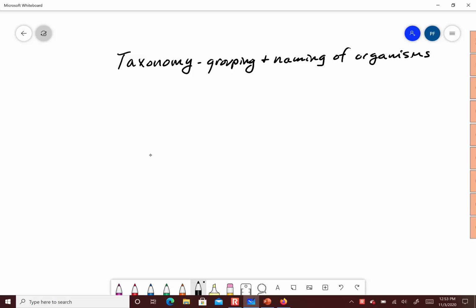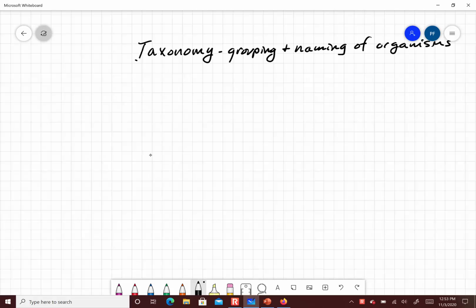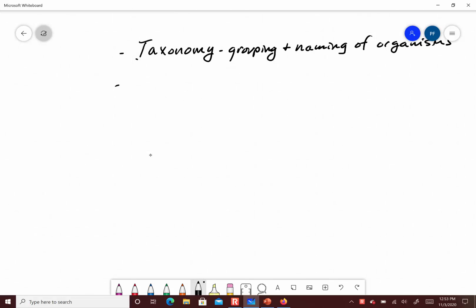This current idea of taxonomy that we're using, what I'm going to show you through the rest of this lecture, was developed by a person named Linnaeus. And Linnaeus was living in the 1700s. So it's been a few hundred years since Linnaeus developed this.